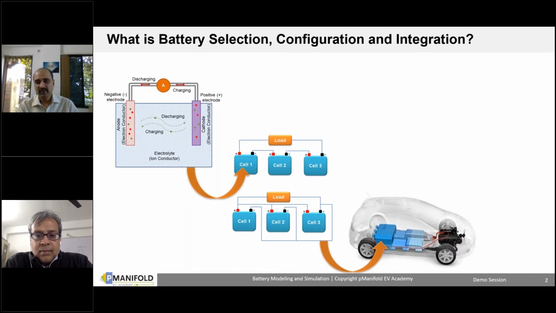So the battery pack is supposed to provide power to the traction unit or the motor, and also to the auxiliaries like HVAC, and a vacuum pump for boosting the brake pressure in four wheelers.